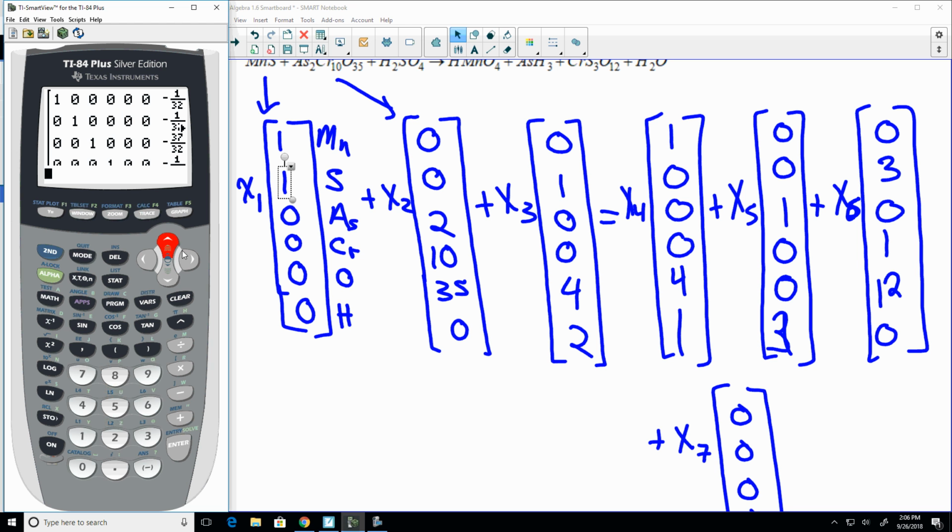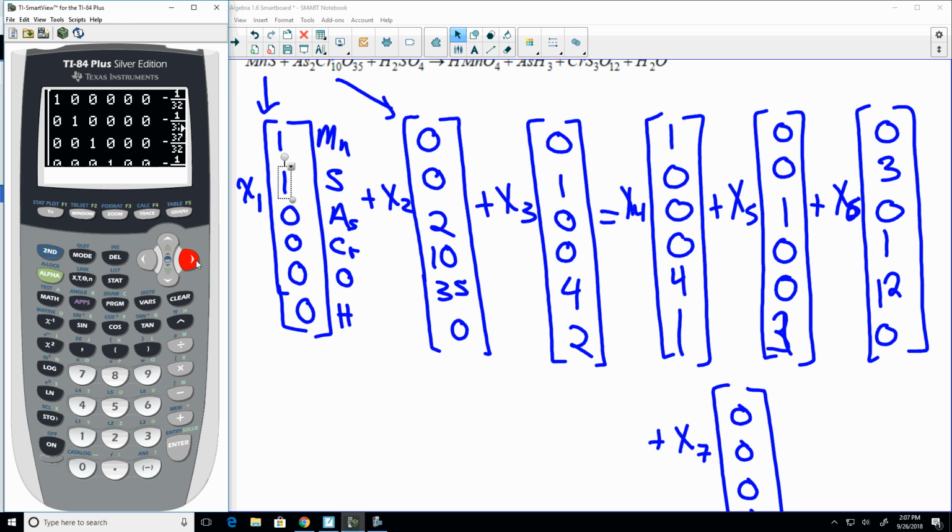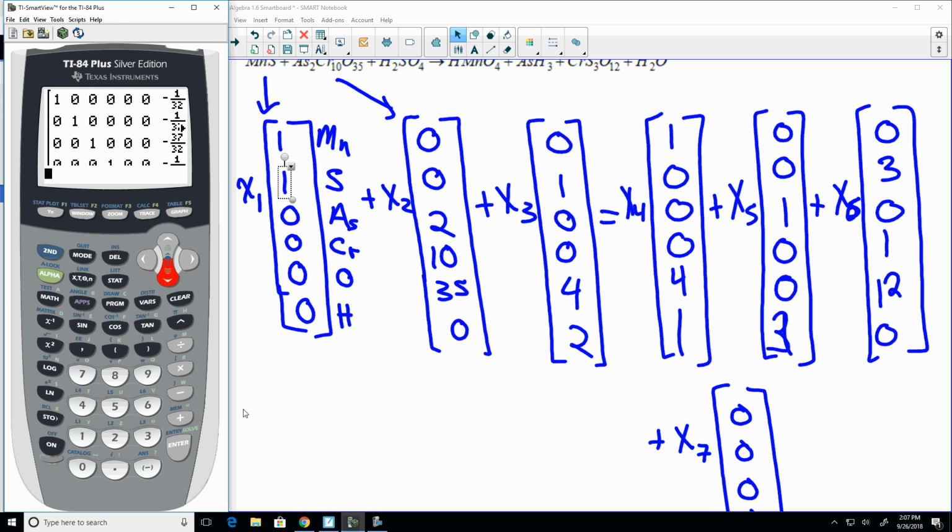It's not letting me see the end of that. It's too big. Let's just quickly talk about it. So we get a free variable here. If you go below the matrix, it should let you scroll.